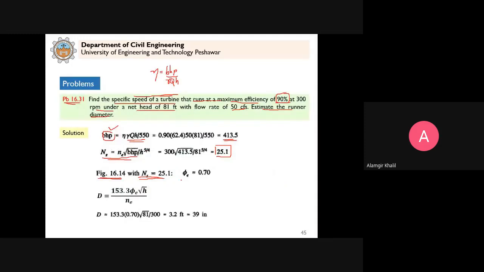So now from this figure, this phi E is around 0.7, and we just discussed this equation to estimate the diameter of the runner for the reaction turbines. You plug in the values. So the estimated diameter of the runner is 3.2 feet, or 39 inch, multiplied by 12, 39 inch. So this is the estimated diameter of the reaction turbine.